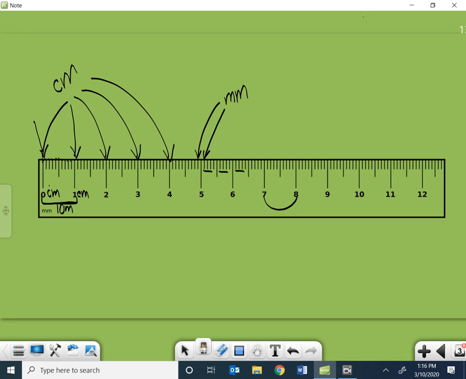So that width from 7 to 8 is 1 centimeter, which is also equal to 10 millimeters. Same thing from 9 to 10, from this dash to this dash, it's 1 centimeter, which is also 10 millimeters. This should be really review. You must be thinking, Ms. Lavish, we know this, keep going.